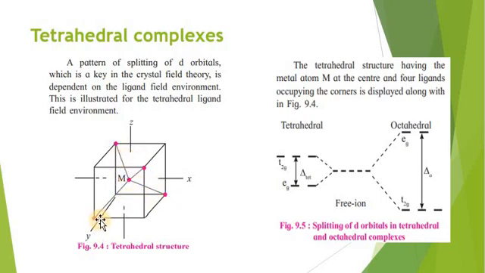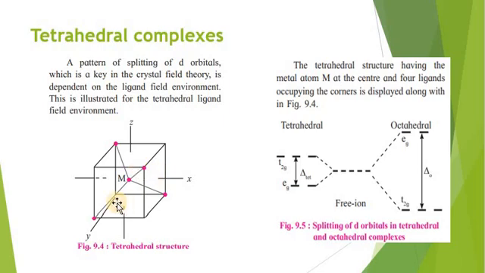These are the four ligands, and the dxy, dyz, dzx orbitals, with their lobes lying in between the axes, point toward the ligands, while the other two orbitals lie between the metal-ligand bond axes.